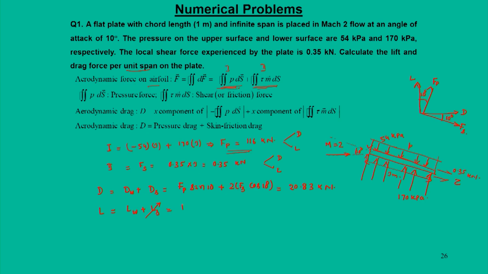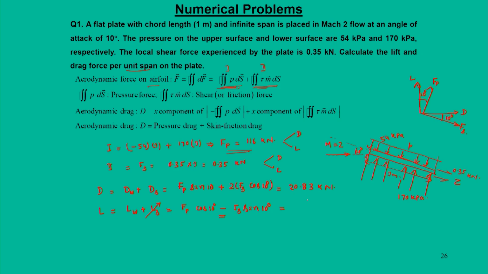So, this is nothing but your F p cos 10 minus F s. Looking at this diagram, we can say that it is F p, there is a negative sign will come into picture because they act in opposite directions.